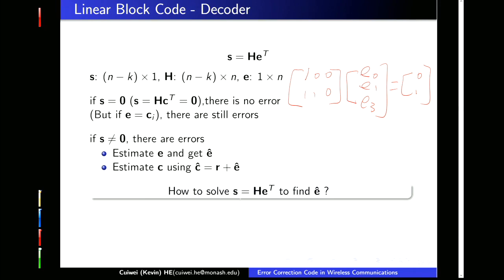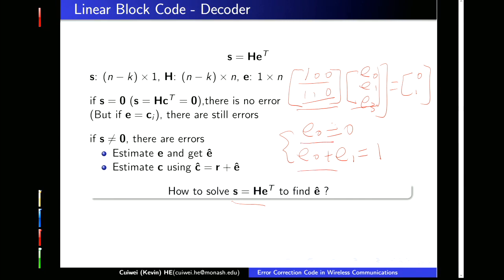If we write this out, from the first row we get E1 plus E0 equals 0. From the second row in the parity matrix, we get E0 plus E1 equals 1. So we have 3 unknowns, E0, E1, and E2, but we only have 2 equations. So the solution is not unique.